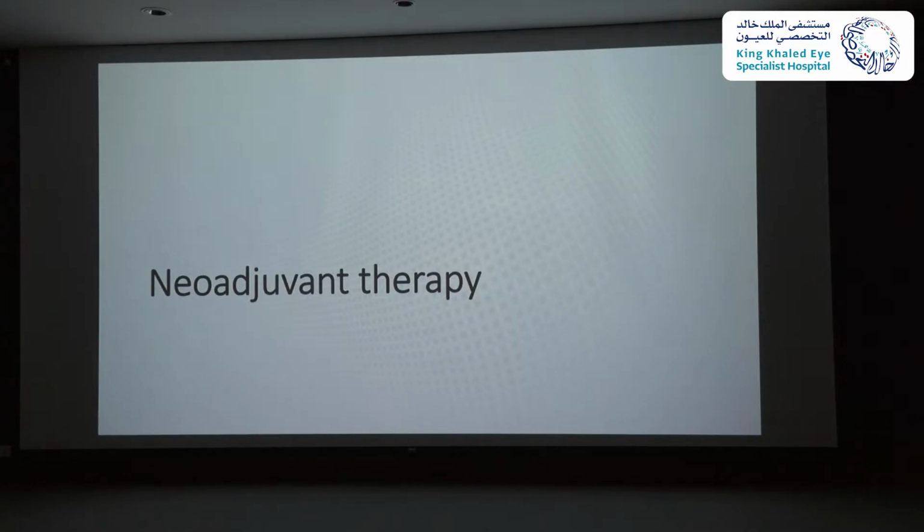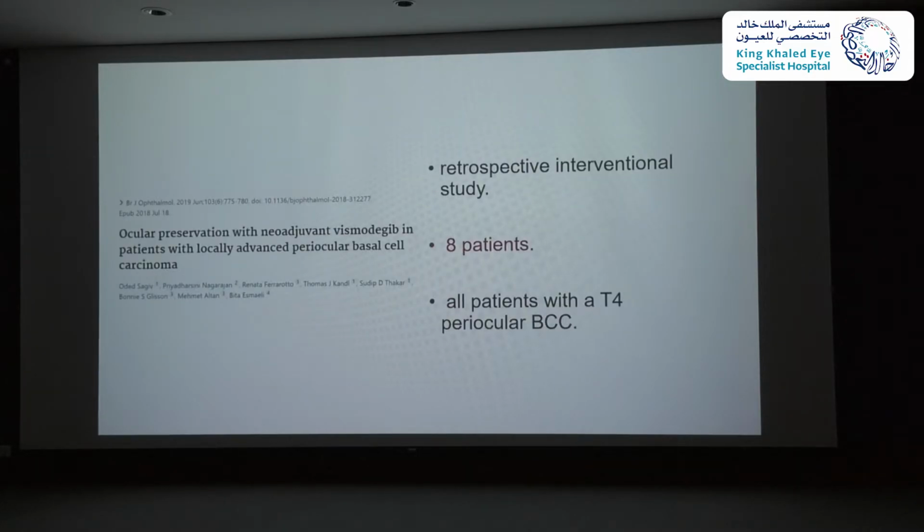So, having looked at these studies, I thought about the role of neoadjuvant treatment and what is there in the literature in this regard. It's true that it's an off-label treatment, but it seems like an attractive option. So the first study was done by Sagif in 2018.